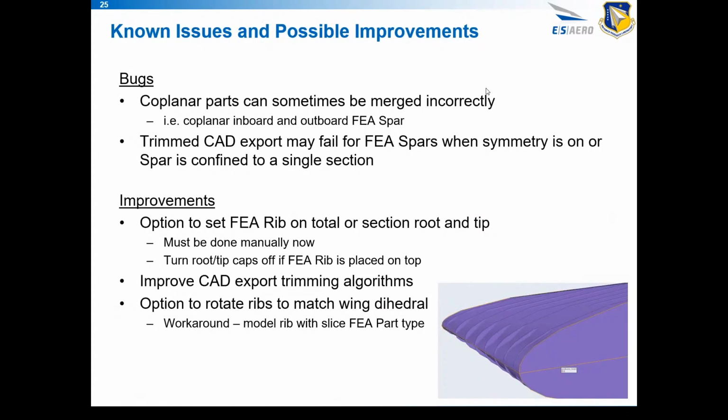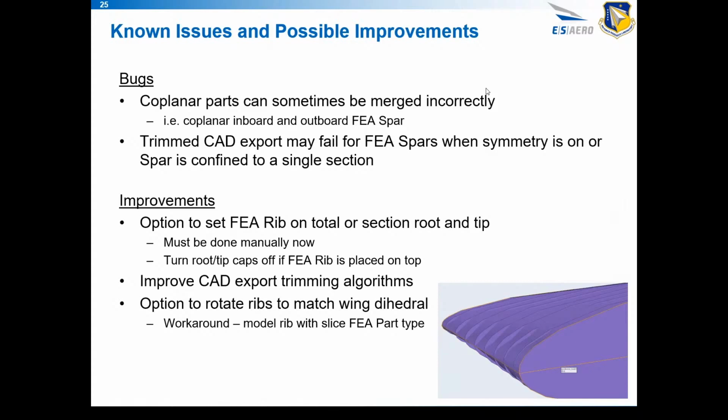A couple of bugs to be aware of. Sometimes if you have parts that are coplanar, we check for those and merge them to avoid issues with the mesh algorithms crashing because they can't determine a single intersection curve between two coplanar parts.